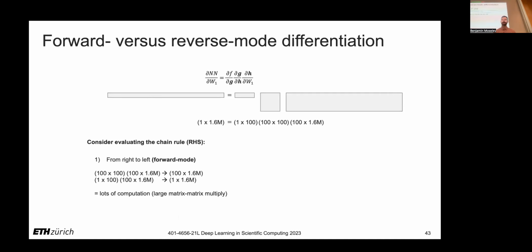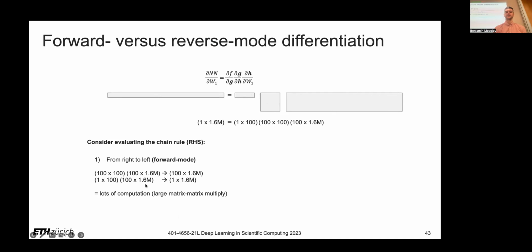Okay, so let's think about the number of operations required to evaluate the right-hand side of that equation. First of all, we're going to think about evaluating that from right to left. What do I mean? We're going to take this matrix first and multiply it by this matrix, and then take the output of that and multiply it by this vector to get this.